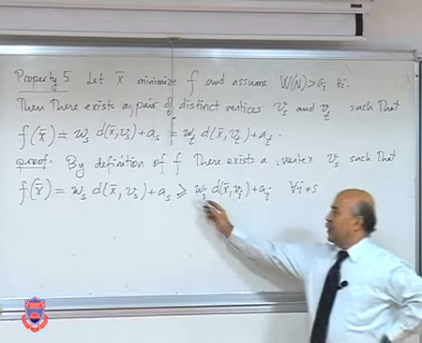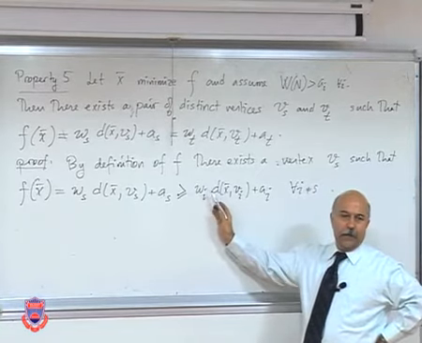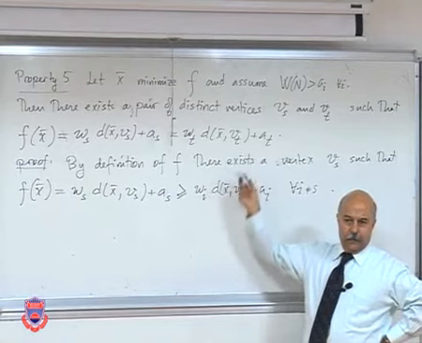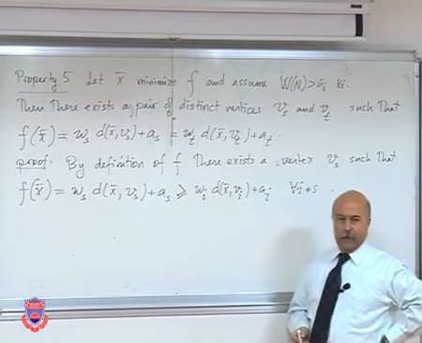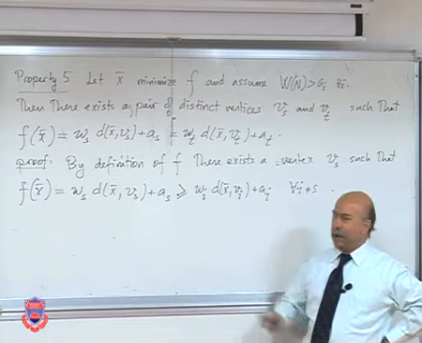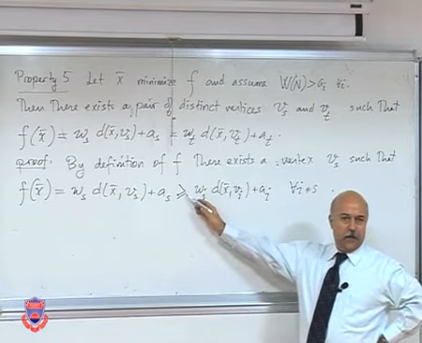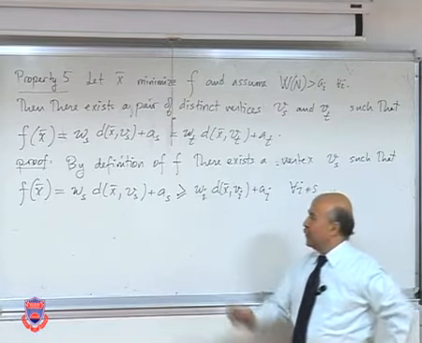Now, if you happen to have equality here for one index, you're done. The proof is just completed. So the more difficult case is what happens if everybody is strict inequality here. Okay?